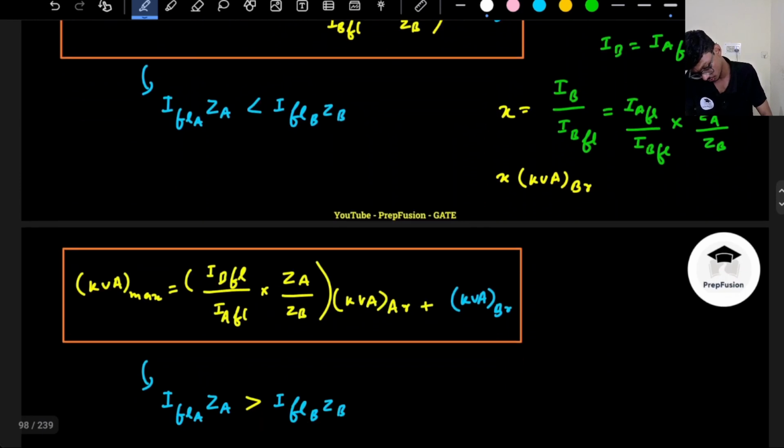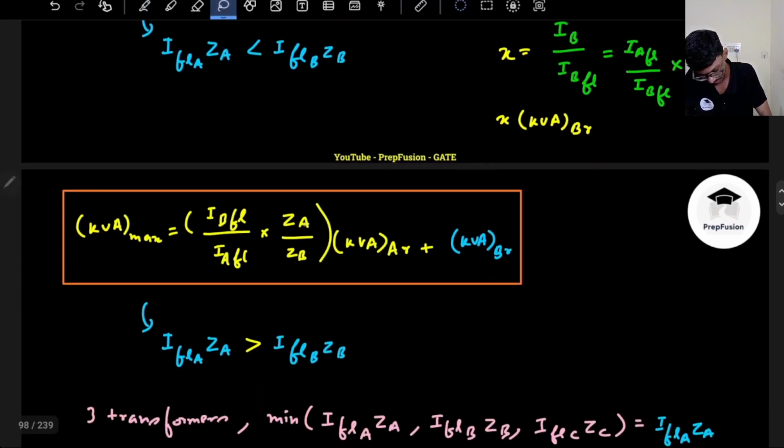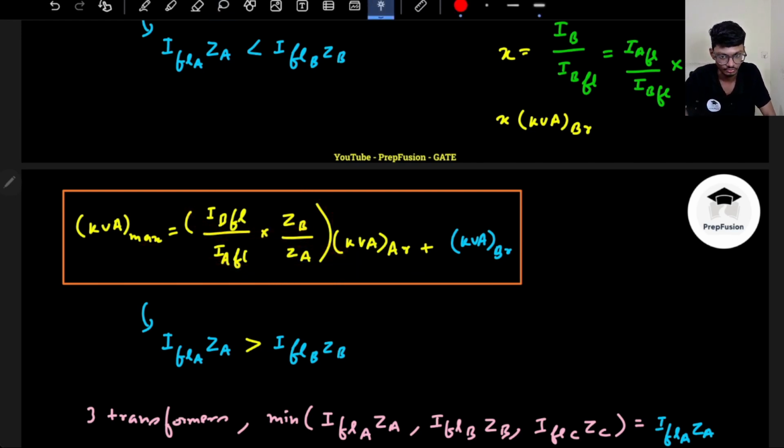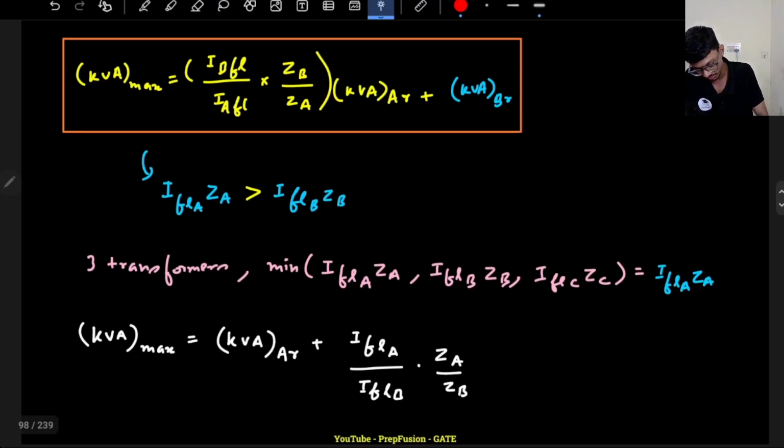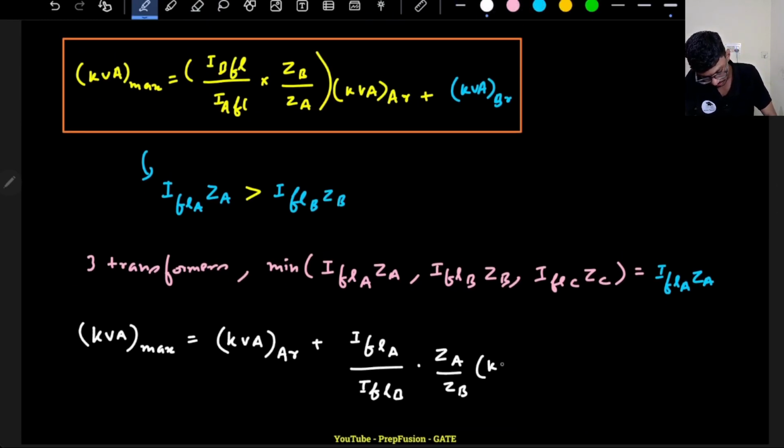Okay, this should be ZB upon ZA, right? I missed the point. You can derive the formula. This should be ZB upon ZA. Basically, it is the full load drop. Simply, it is the full load drop. So this will be ZA upon ZB into the kVA of the kVA B rated.